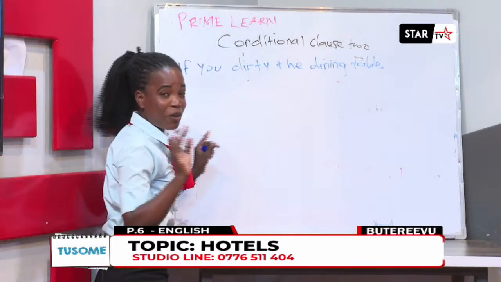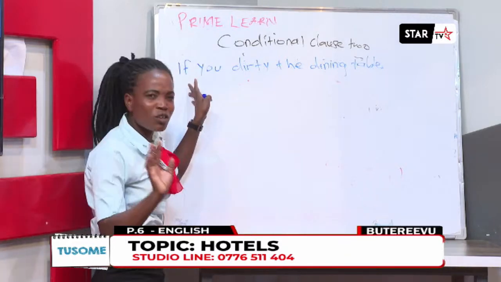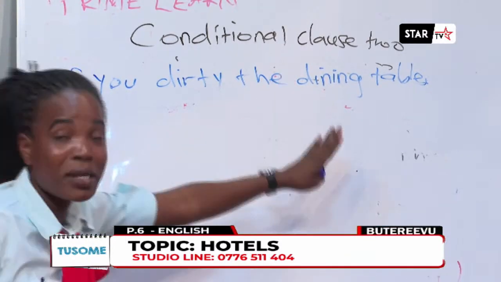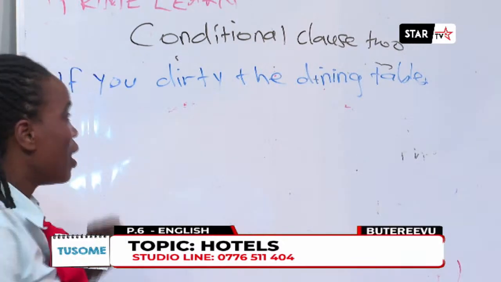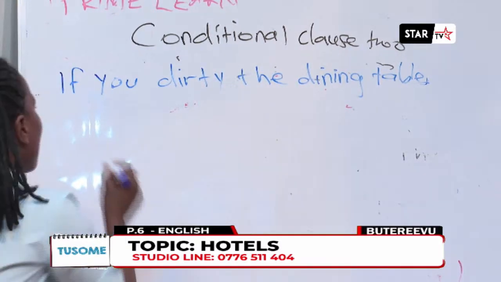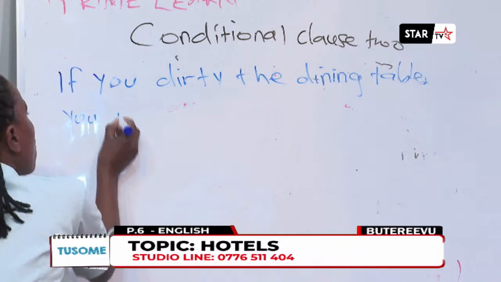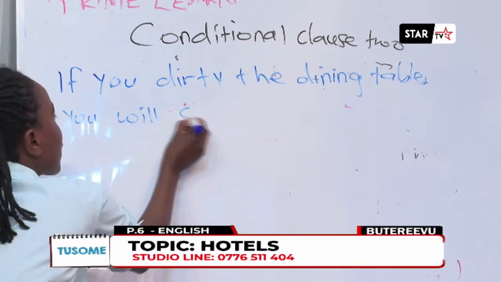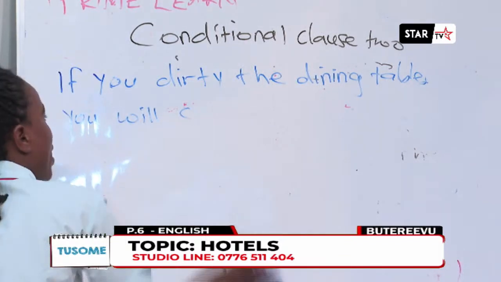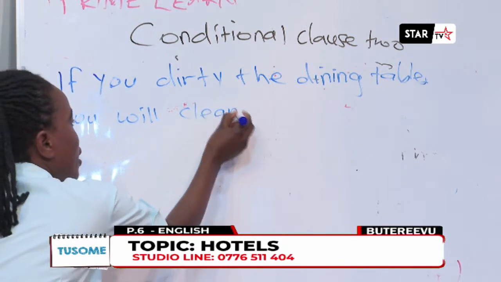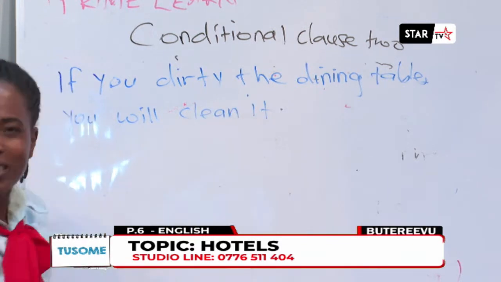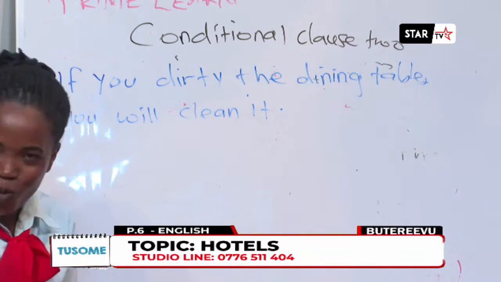As I emphasized last time, whenever you begin with this conjunction if, a comma is a must. Don't forget that. If you dirty the dining table, you will clean it. That's our sentence in the conditional clause 1.